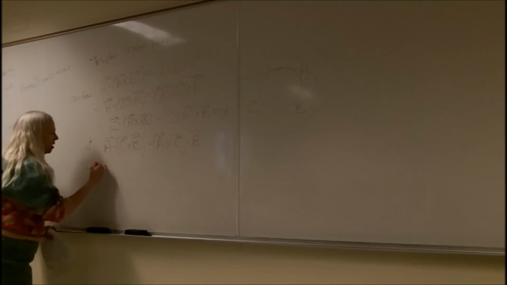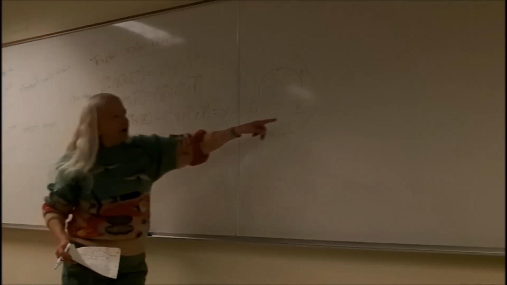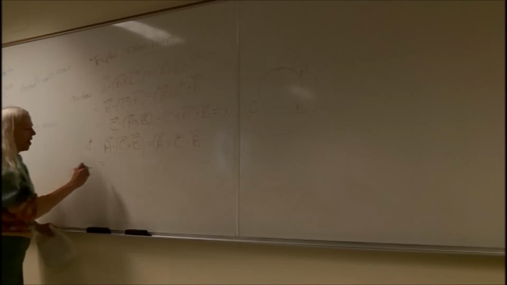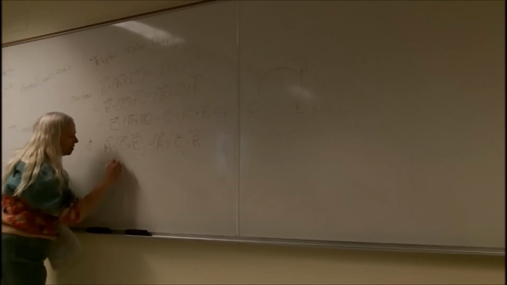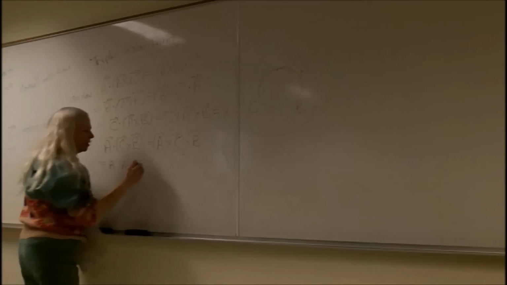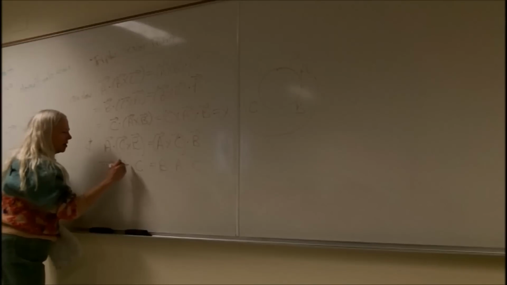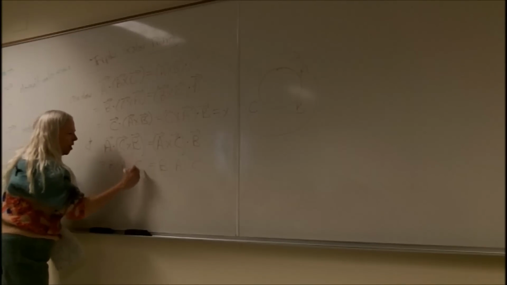Those are equal. But also I could start at B, and again, instead of going clockwise, I'm now going to go counterclockwise. So B, A, C. And again, I could put the dot and the cross wherever I want, just put parentheses around the cross.